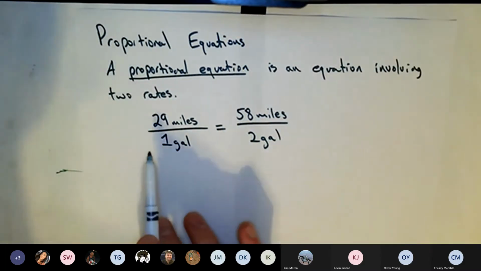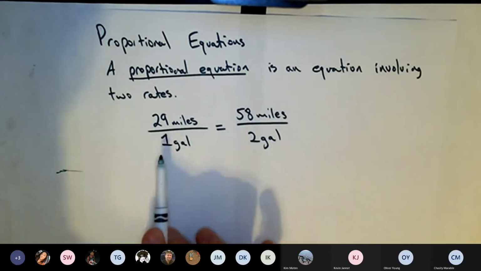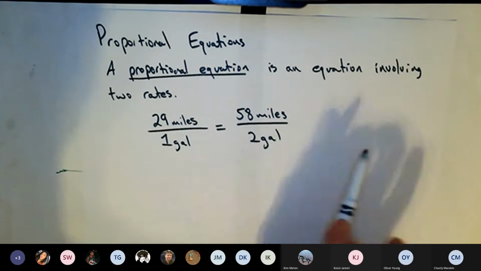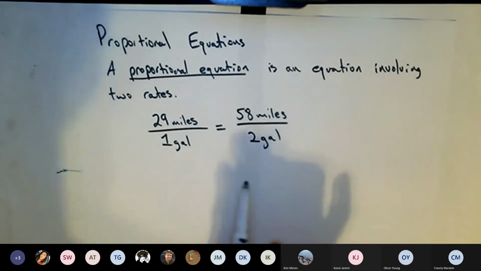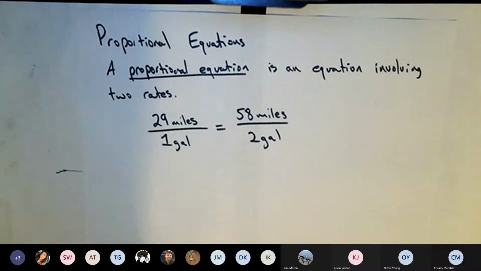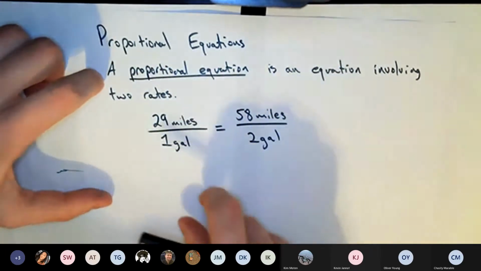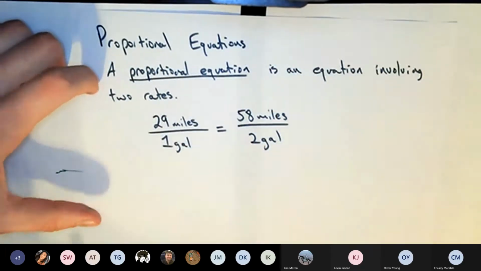Well, it's coming from me knowing that if I scale everything up by 2 here, both the 1 and the 29, then I get an equivalent rate. And that's all a proportion is. A proportion just means if two things are proportional, that means that the ratio of the things is equal, like the fraction is equal to the fraction.